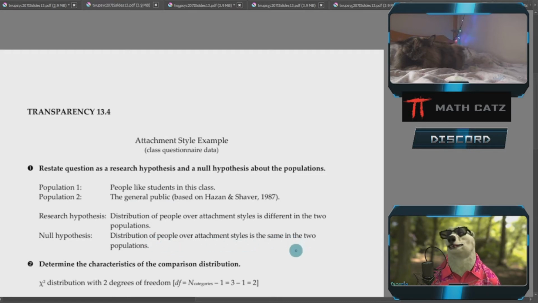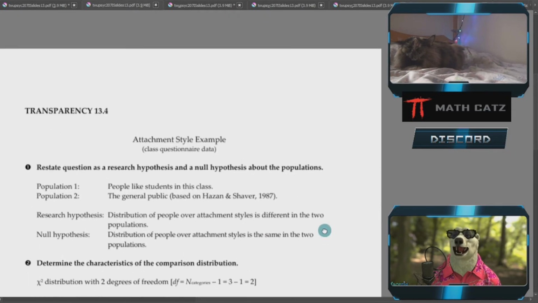So we are investigating how good our observed distribution fits to the general expected frequency distribution. Goodness of fit test. And then, of course, our research hypothesis is that they are different.